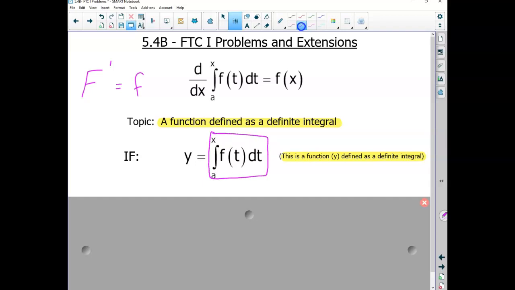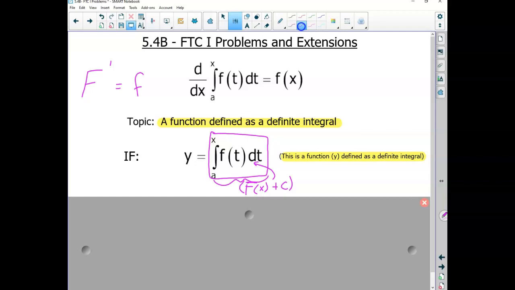That's my area function, which we could call capital F of x, big F, plus c. That's just another way to define that. That's my function defined as an integral.